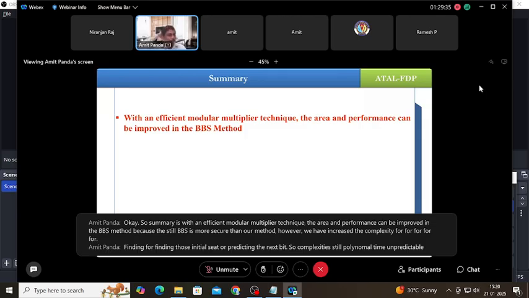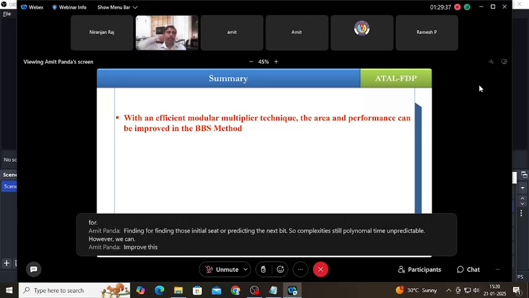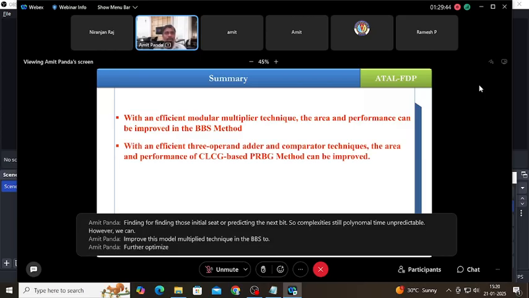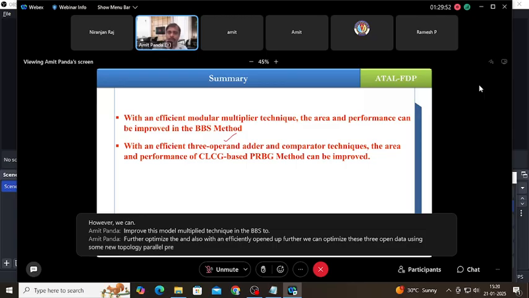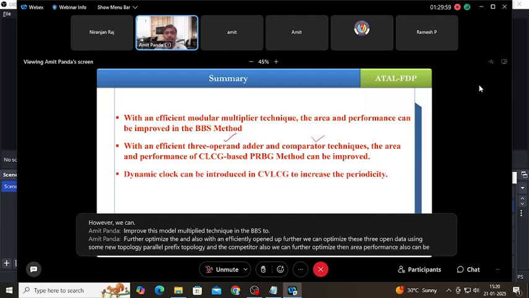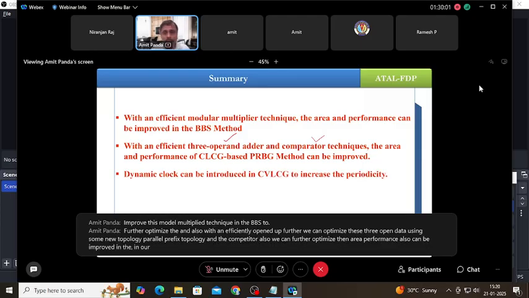However, we can improve this modular multiplier technique in the BBS to optimize further, and also with an efficient three operand adder. We can further optimize this three operand adder using some new topology, such as parallel prefix topology, and the comparator also can be further optimized. Then area and performance can also be improved in our proposed architecture.